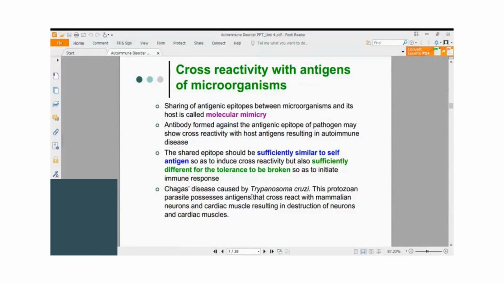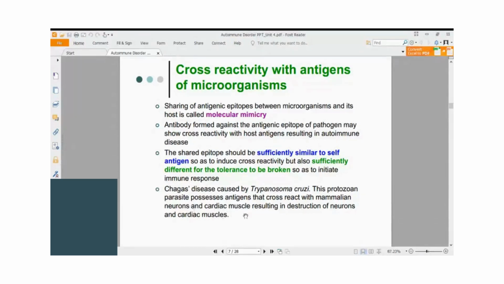And those antigens are shared with the neurons and cardiac muscle of the person. When the antibody is developed against Trypanosoma cruzi in a person, those antibodies will cross-react due to molecular mimicry on cardiac muscle antigens as well as neurons.